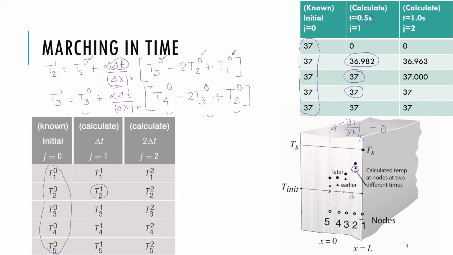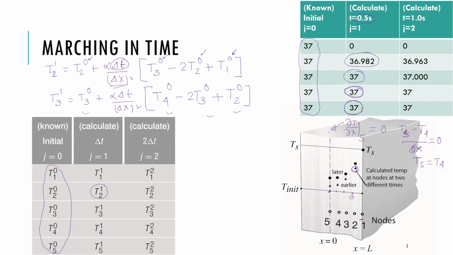So I can write the derivative at location 5 as T5 minus T4, divided by delta x, equal to 0. So that means T5 is equal to T4. So once we have calculated T4, we can set T5 equal to that.